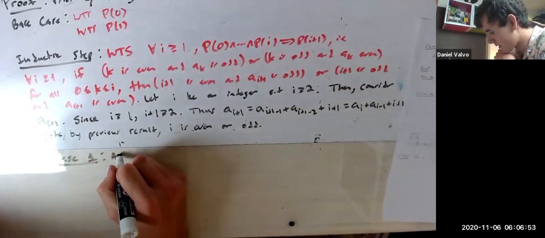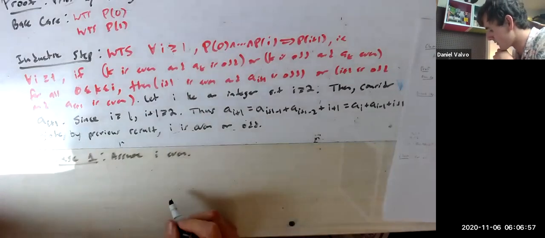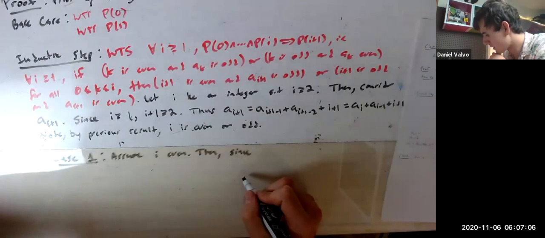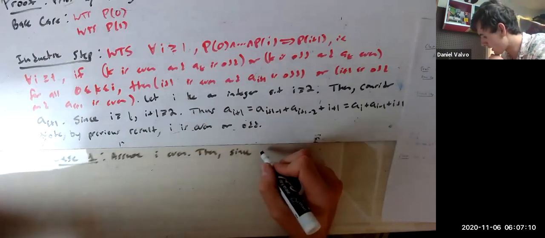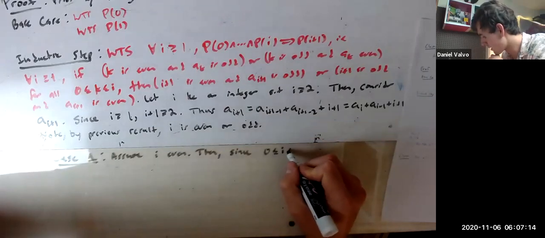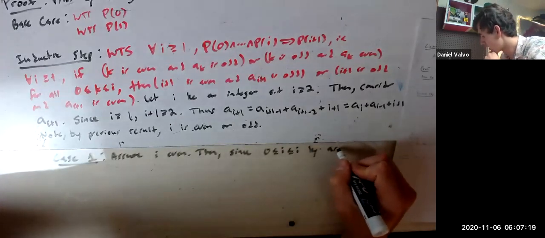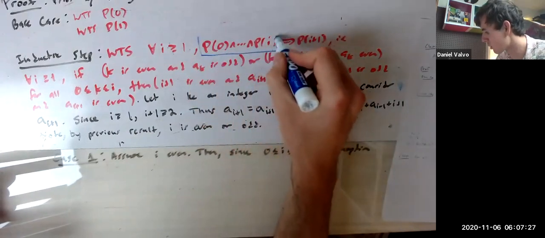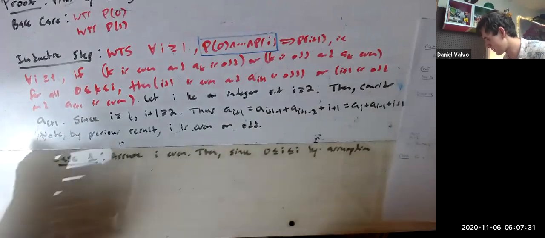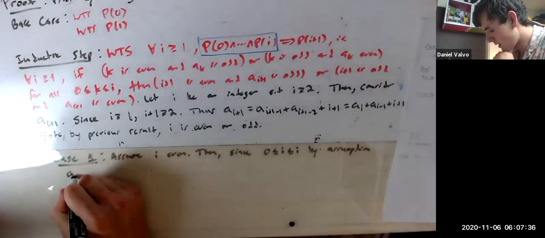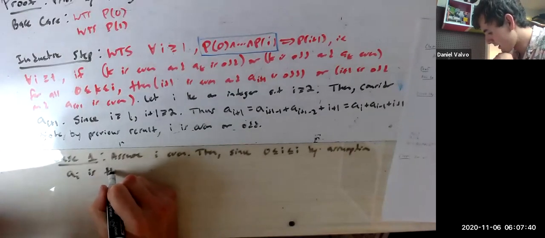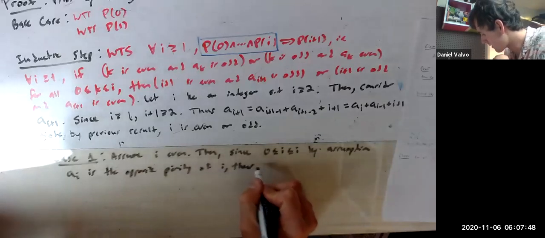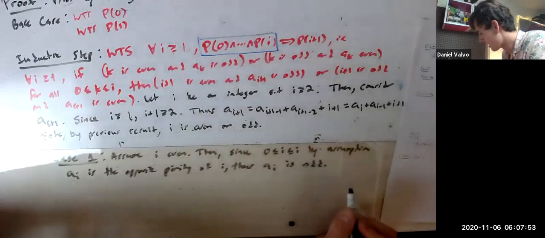Case 1, assume i is even. Then, since 0 is less than or equal to i, by our assumption here, where we want to assume that P(0) all the way up to P(i) is true, by this assumption, a_i is the opposite parity of i.